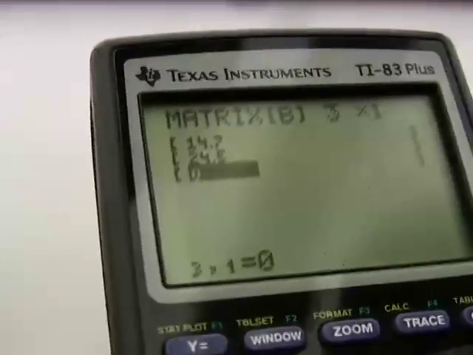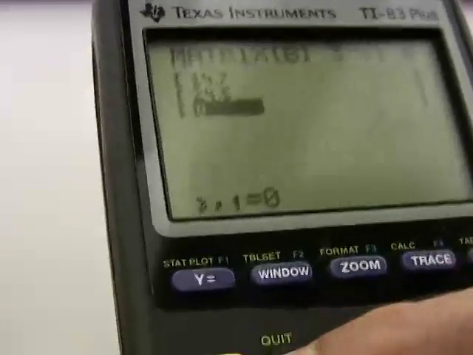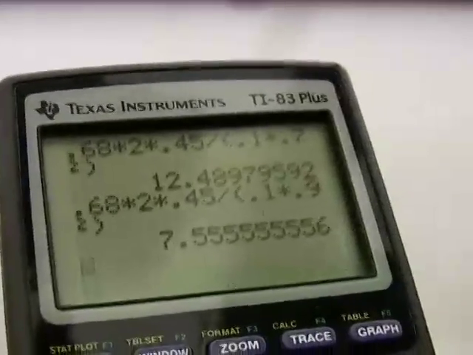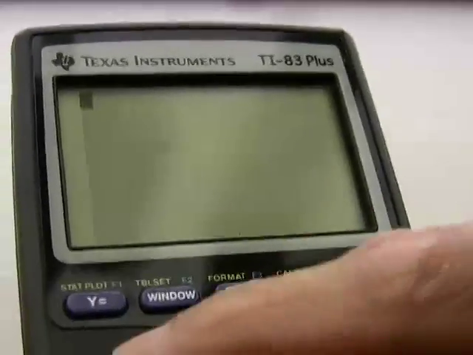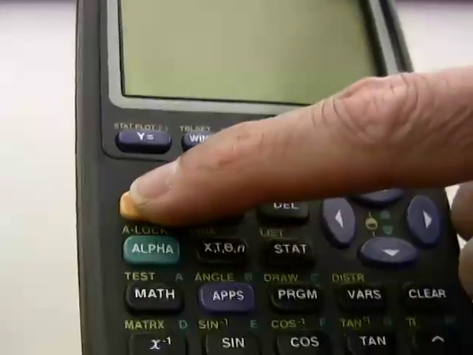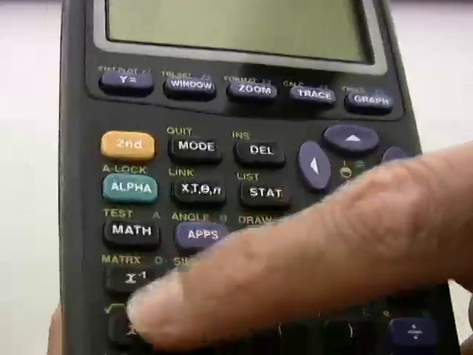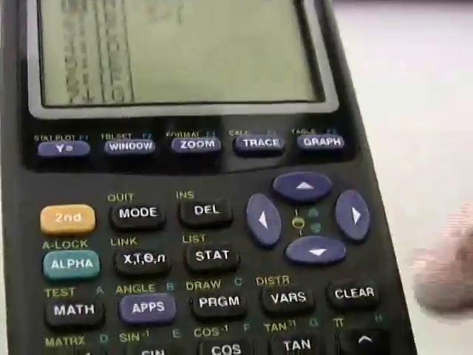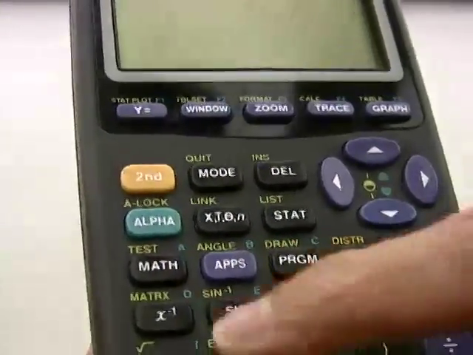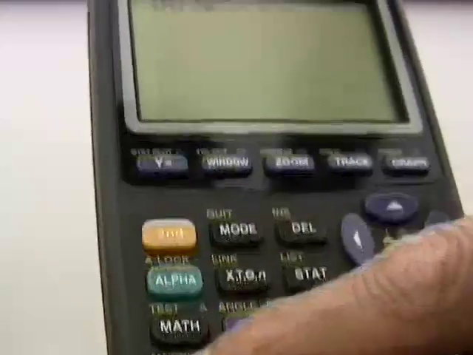And once you have those values entered, quit the screen and go and collect your matrix A. How? Second matrix, select A. Simply enter and take the inverse of it.